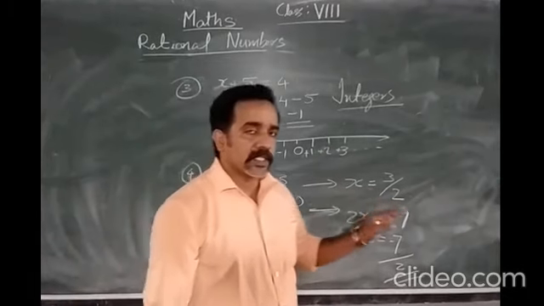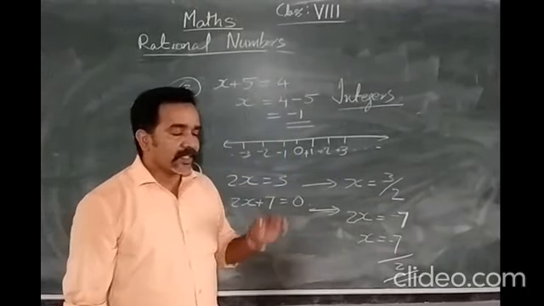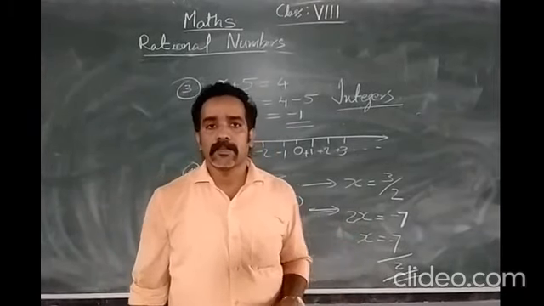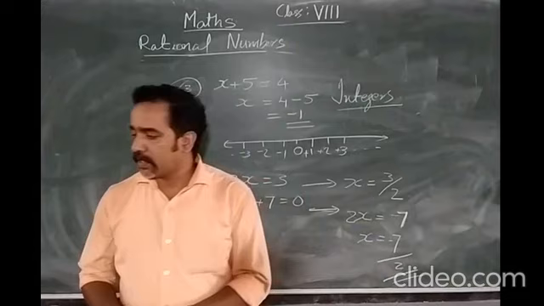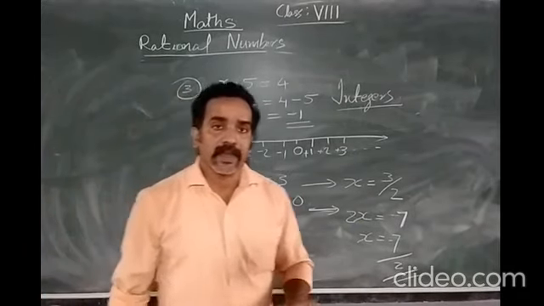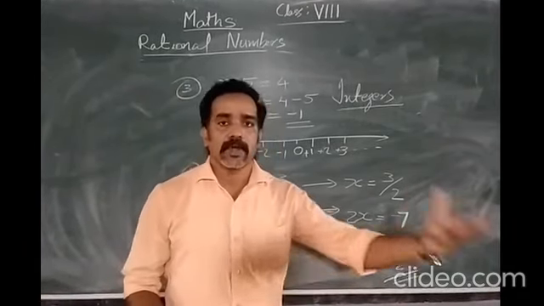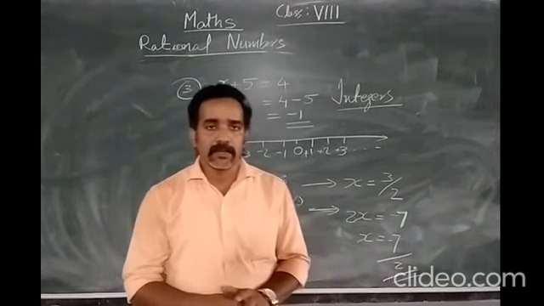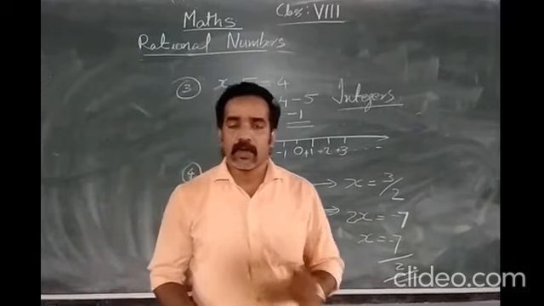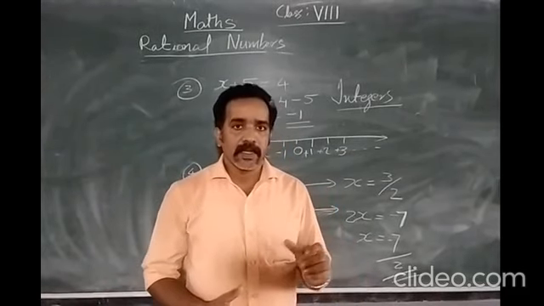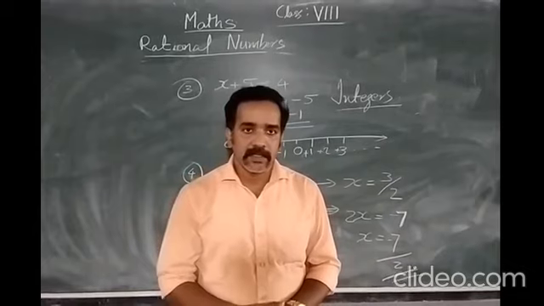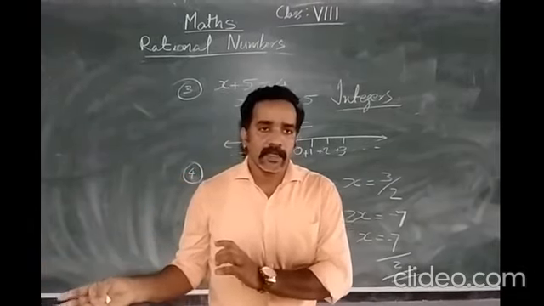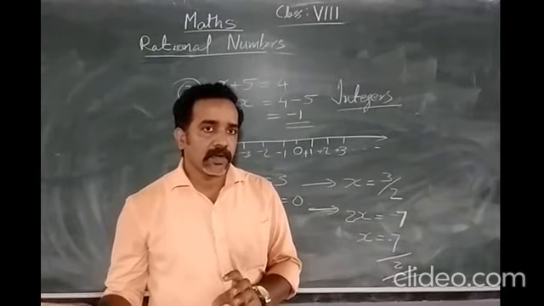So when you study the numbers, integers, natural numbers, whole numbers, only that is not enough. We need some more set of numbers, other than natural numbers, whole numbers and integers. The numbers which are not integers, whole numbers and all.